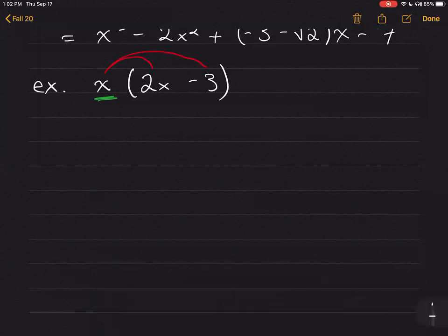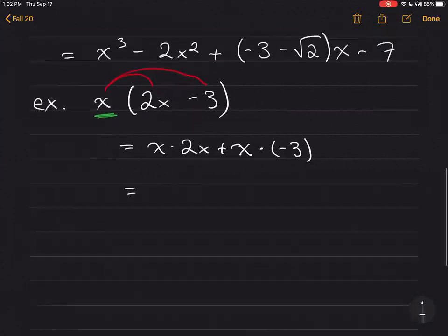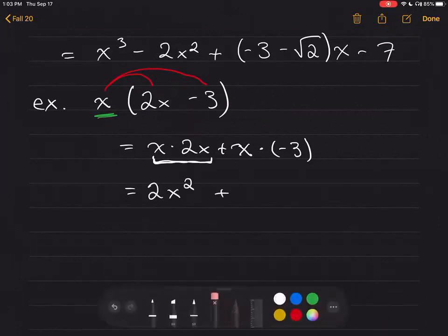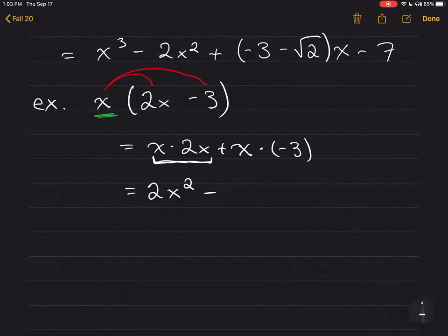So we're going to do x times 2x for this first short red line, and then plus x times negative 3 for the second red line there, the longer one. And then if we combine the x's that are multiplying here, this becomes 2x squared, and it's a negative 3, so it's minus 3x.